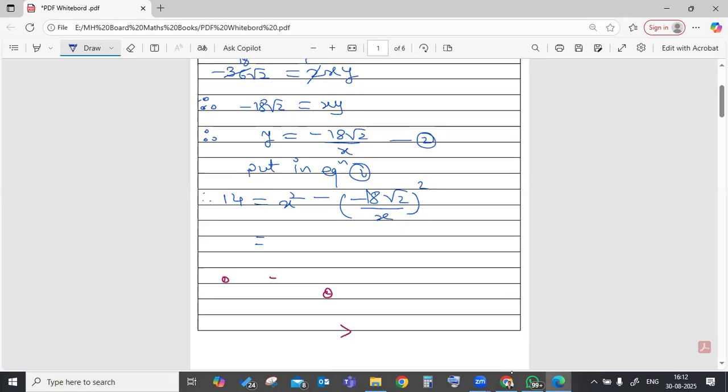So this will be, then this will be what? x square minus 18 square. What is the square of 18?